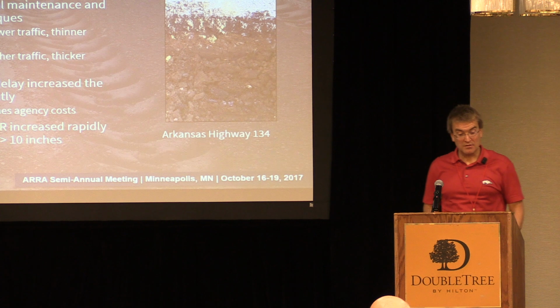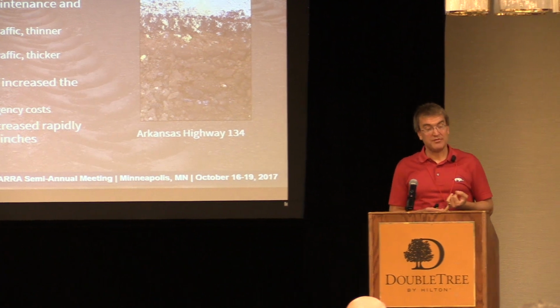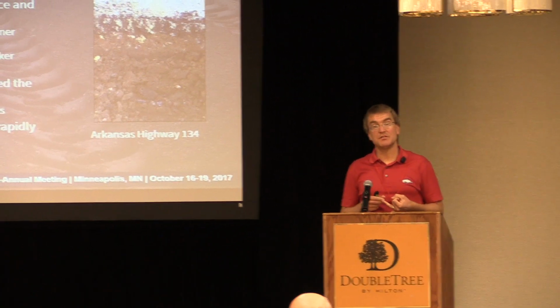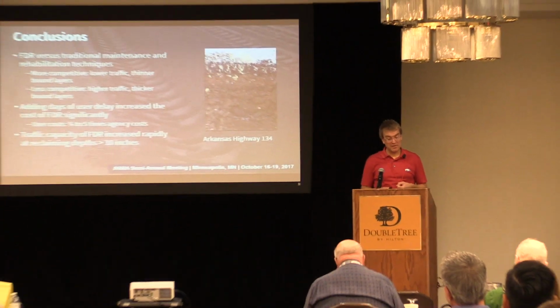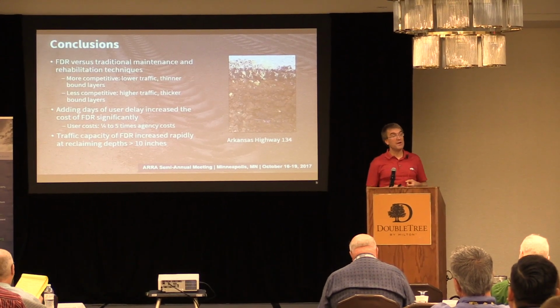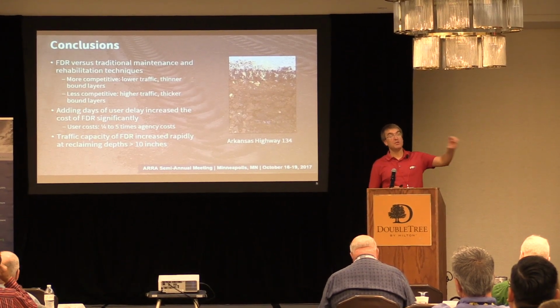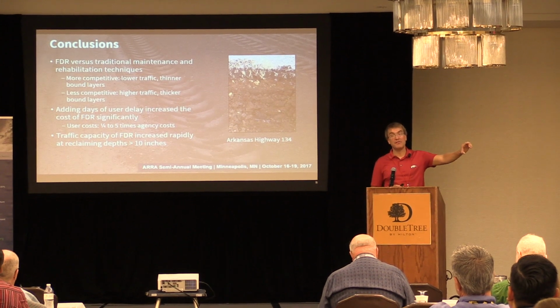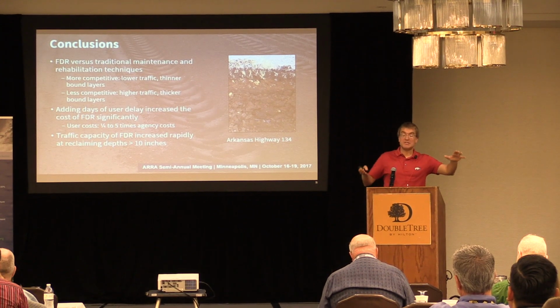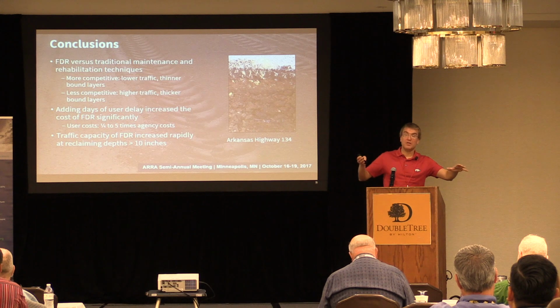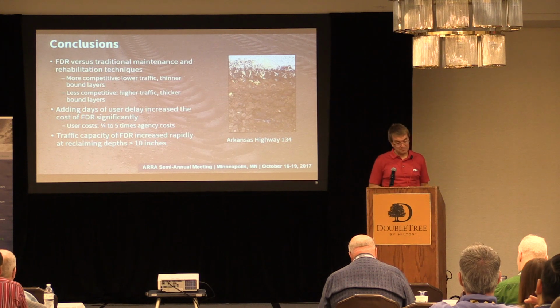So in conclusion, we looked at FDR versus essentially chip seals, 2-inch overlays, and mill and fill. FDR was quite competitive when you had thinner in-place bound material and lower traffic, and that started tipping as you got thicker in-place material and thicker traffic.